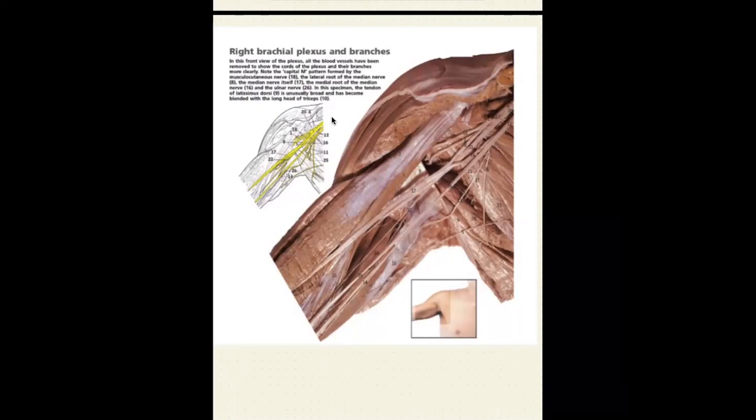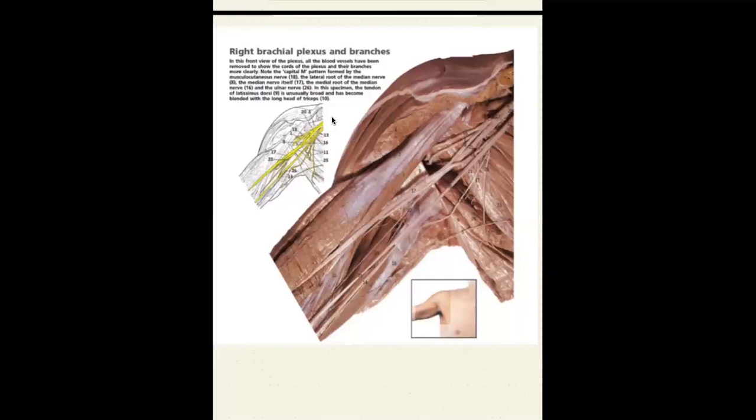Is Dr. Jane there? Yeah, I'm here. Loud and clear. Could you continue the question I asked Dr. Sharmin, the structural relations of the brachial plexus? The root starts from the intervertebral foramen and passes between scalenus anterior and scalenus medius.